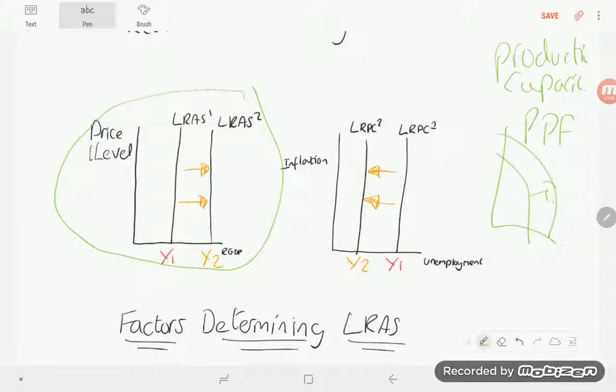Consequently, if we have got more output, that means that there is going to be less unemployment. That is why this corresponds with the long run Phillips curve shifting to the left. Again, that's unemployment with the UN. And that's showing a decline, an improvement in the rate of unemployment.